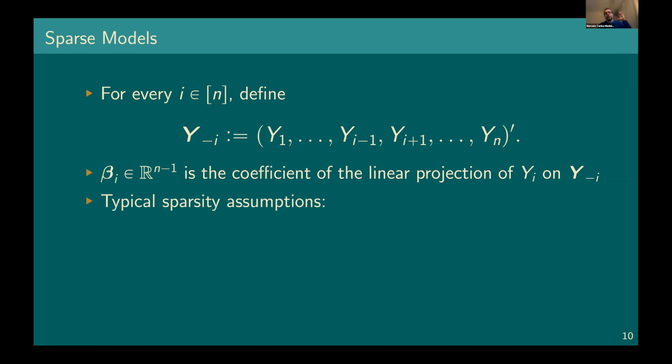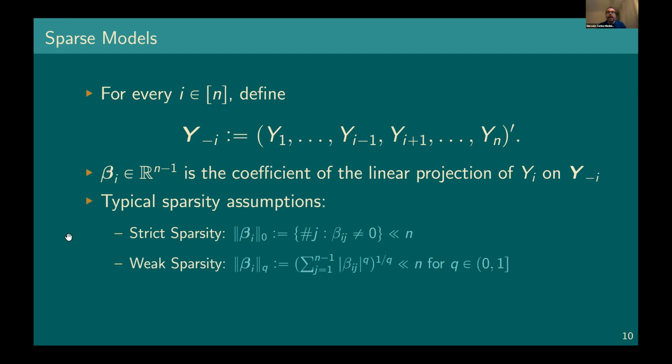We want to run the regression to estimate this linear projection, but we know that we cannot do that without some regularization, imposing some restrictions. In order to interpret the resulting estimate, we usually impose sparsity assumptions: either the number of non-zero betas is much smaller than n, which is what we call strict sparsity, or the L2 norm of the betas is much less than n, which is what we call weak sparsity.